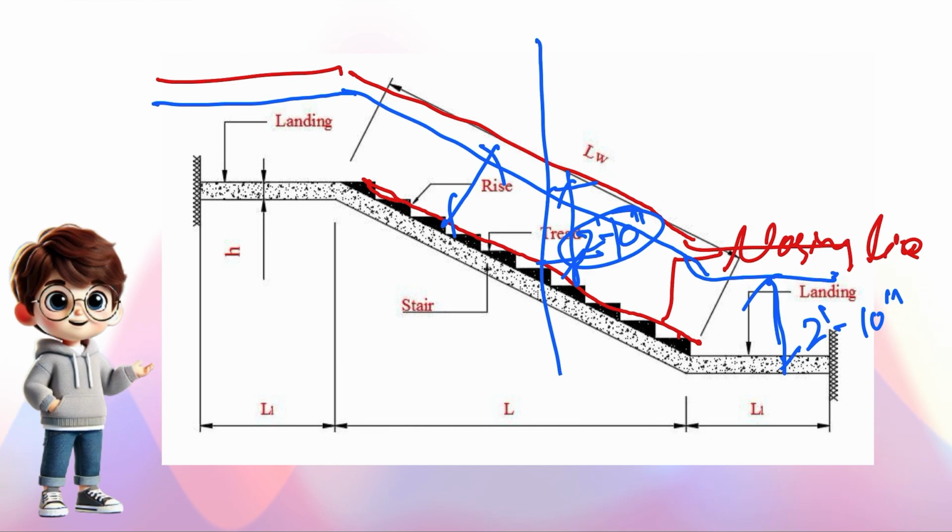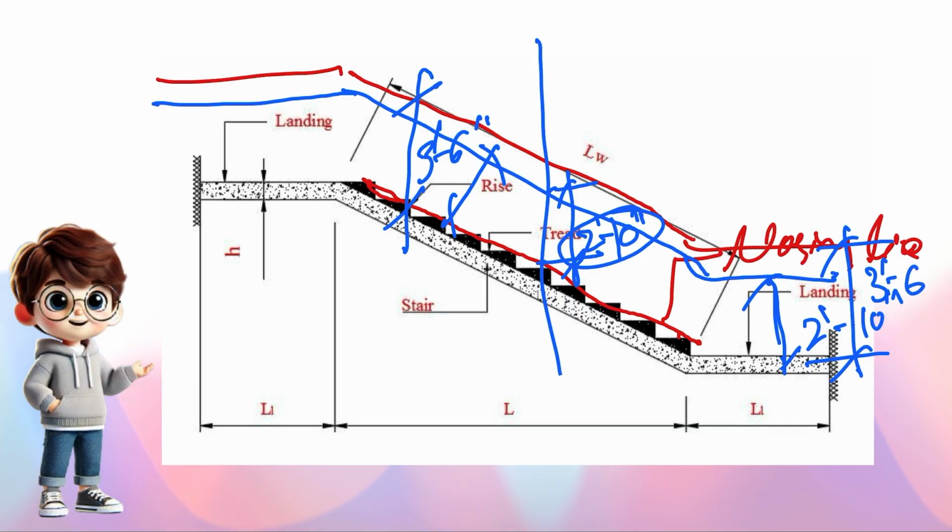Okay, and then this rail we call the guard rail. This will be 3 feet 6 inch. And even here also, from the top of the landing it will be 3 feet 6 inch.